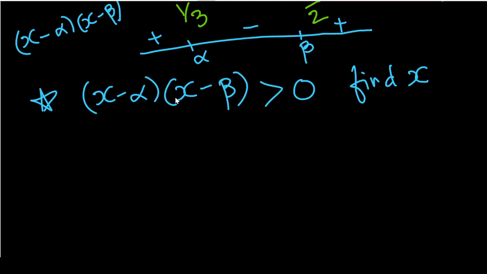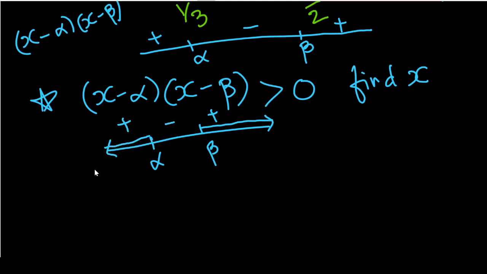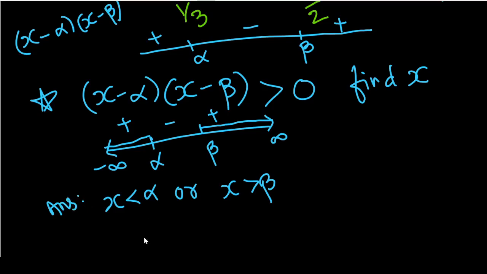So using this plus, minus, plus, we can say that plus means the expression is positive, so this we will take, and this we will take, that is minus infinity to alpha union beta to infinity. So guys, this is x lesser than alpha or x greater than beta, that is the answer, which is a formula.